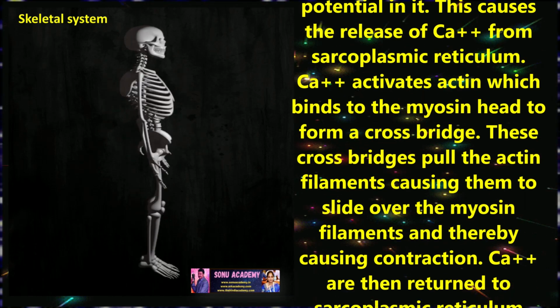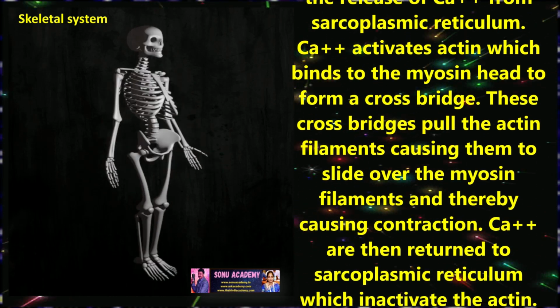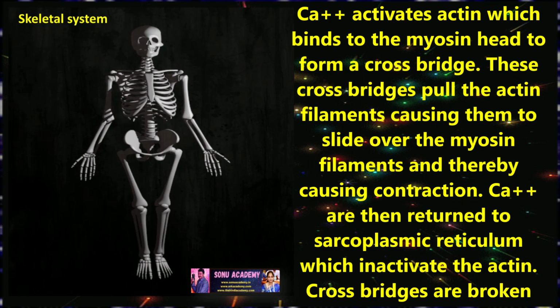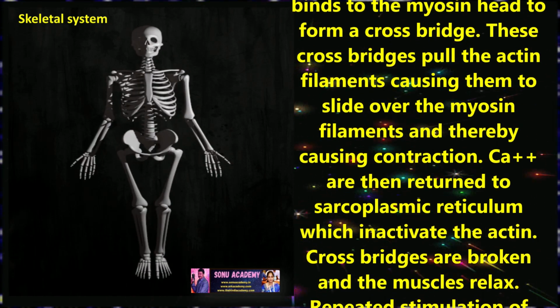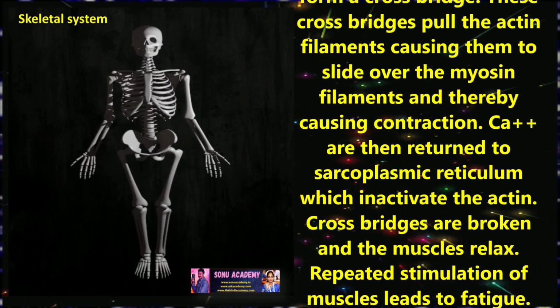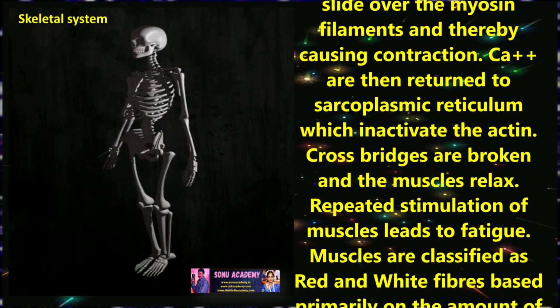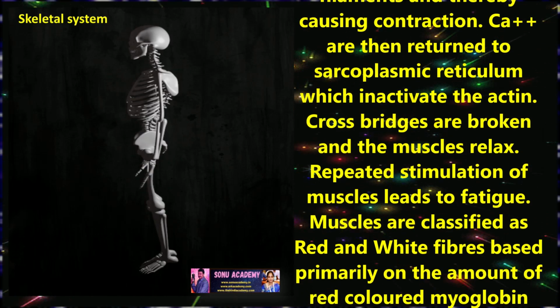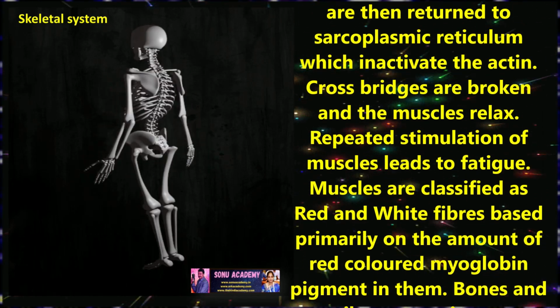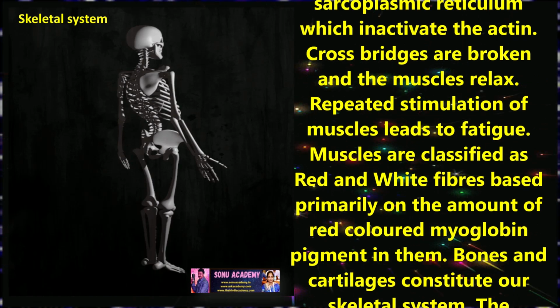The Ca++ activates actin, which binds to the myosin head to form a cross bridge. This cross bridge pulls the actin filaments, causing them to slide over the myosin filaments and thereby causing contraction. Ca++ are then returned to the sarcoplasmic reticulum, which inactivates the actin. The cross bridges are broken and the muscles relax.